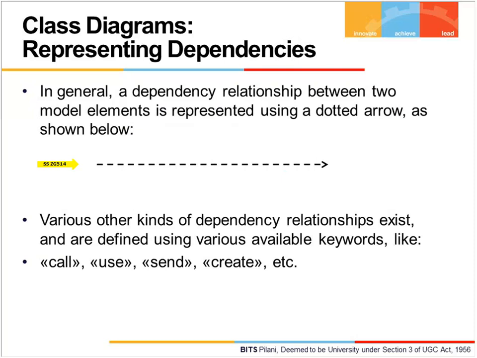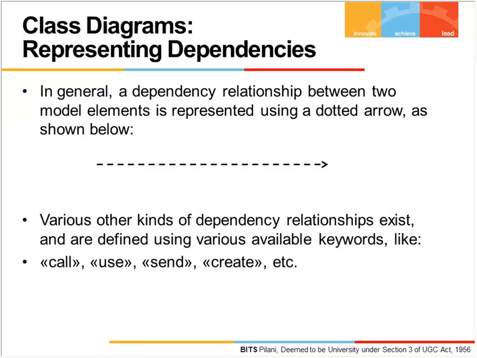And on top of this dashed arrow, you represent the kind of dependency relationship it is. There could be a call relationship, a use dependency, a send dependency, a create dependency, an instantiate dependency, right? And there are many more.